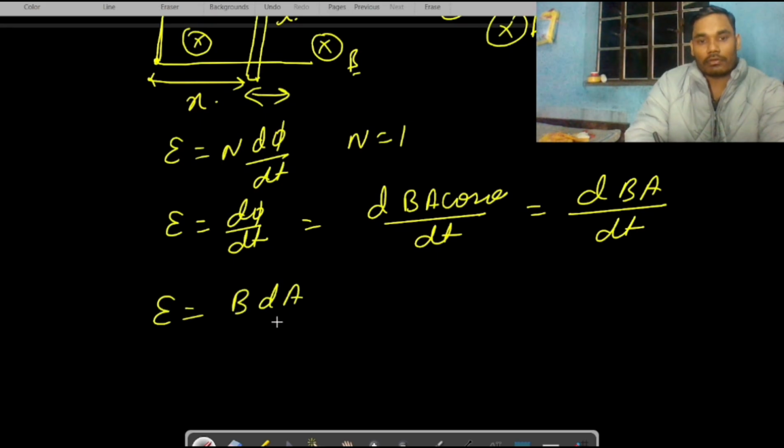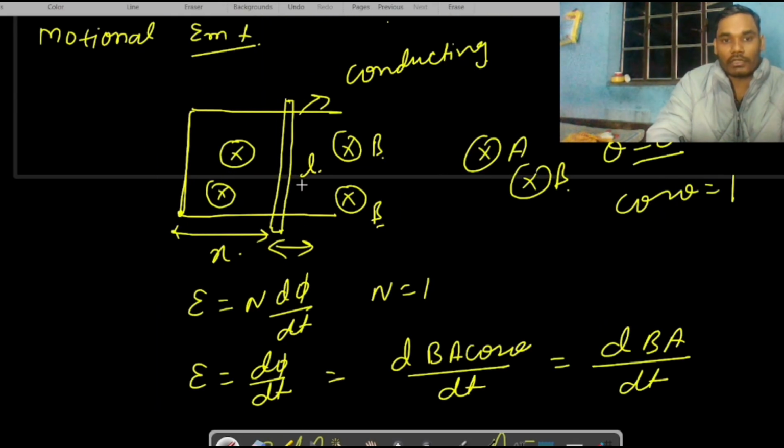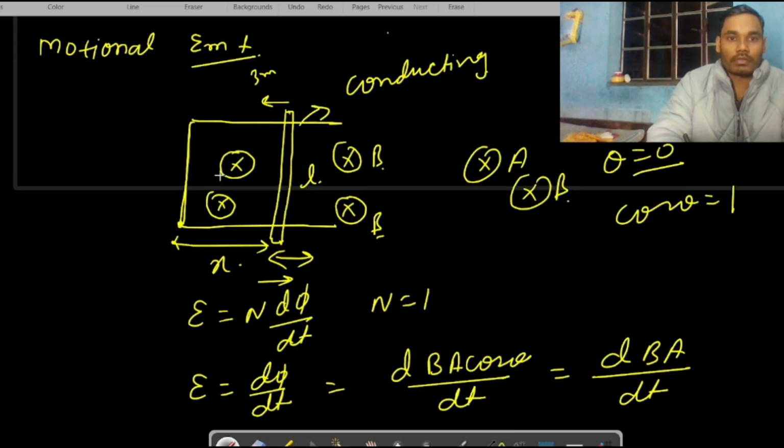What about the area? L will not change, but when we move this rod, X will change. If I move this rod with speed V, then V will be equal to dx upon dt.